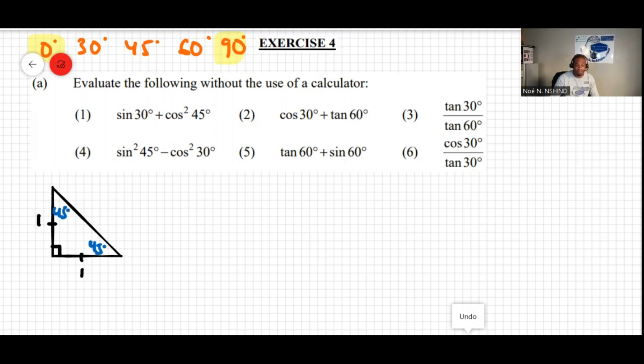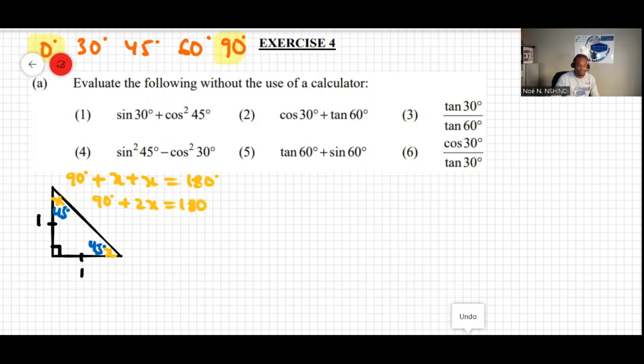Because the sum of the angles in a triangle is equal to 180 degrees. So we have 90 degrees. How do I know it is 45? If I call this angle x, because I do not know it, it's going to be 90 degrees plus 2x equal to 180 degrees.